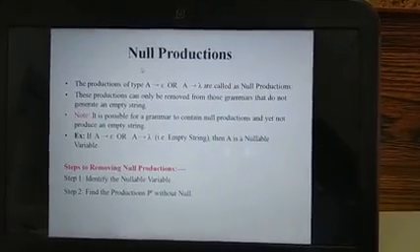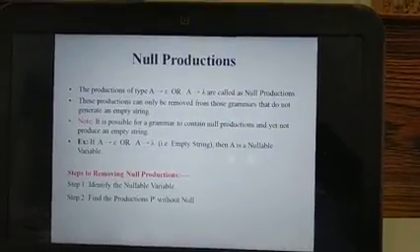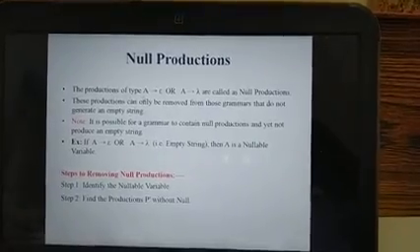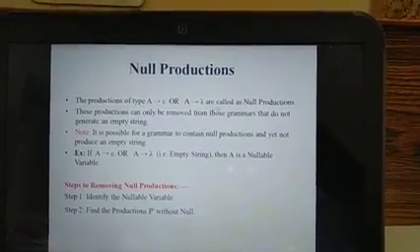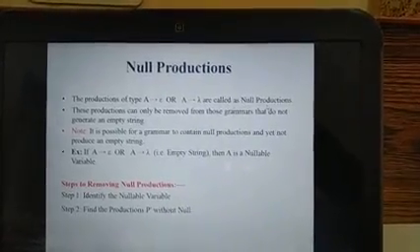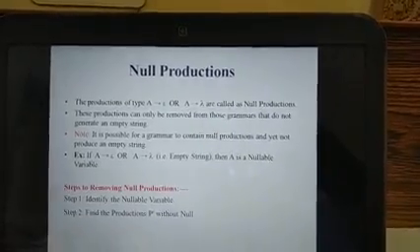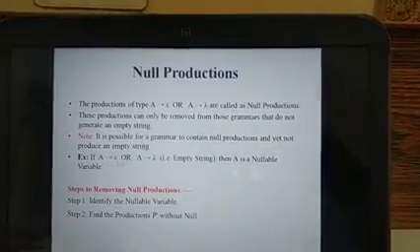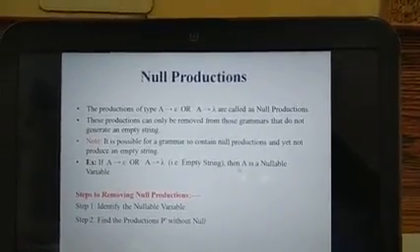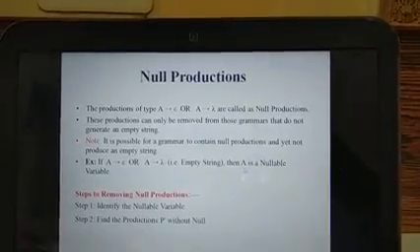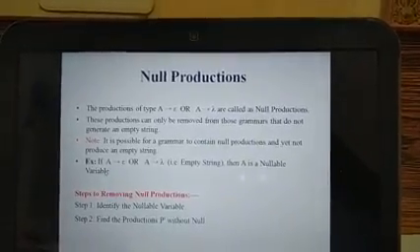First we will see the null production. The production of the type A produces epsilon or A produces lambda is called a null production. If A produces epsilon or A produces lambda, which is also called the empty string, then that variable A is called a nullable variable.